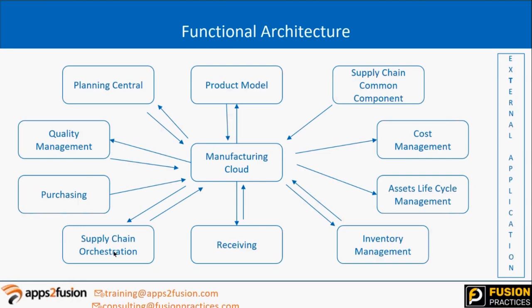Supply chain orchestration sits in the center, and when a min-max plan is run, the request goes to SEO, like supply chain orchestration is called SEO. SEO routes that request to inventory to create the transfer. You can also have a back-to-back flow where you want to procure the goods that are requested by the customer.